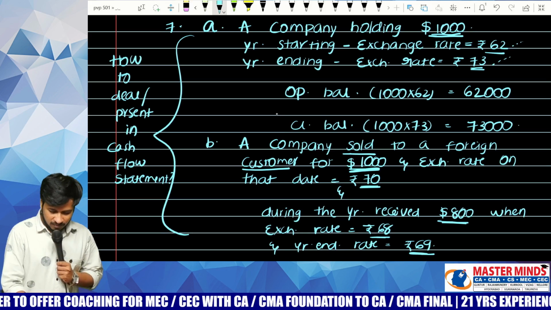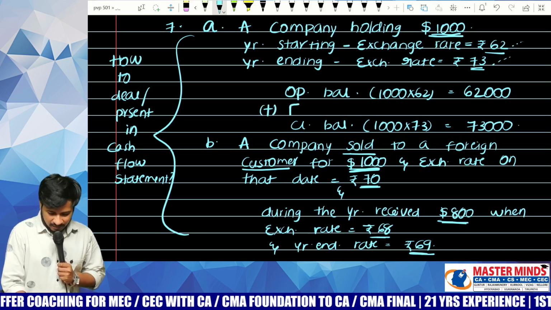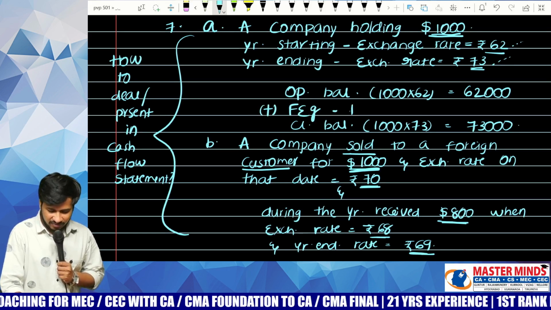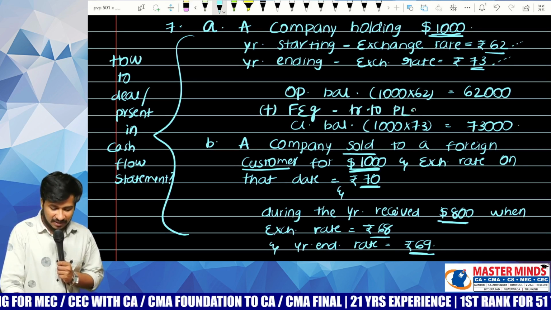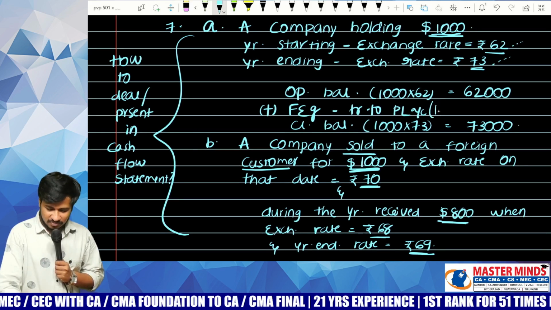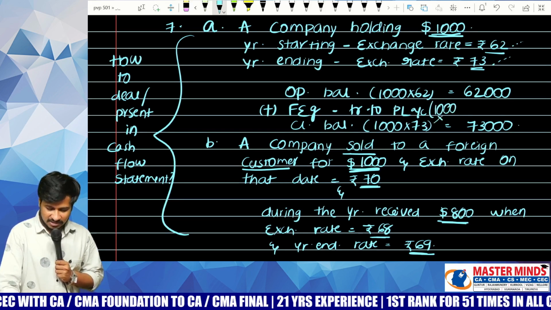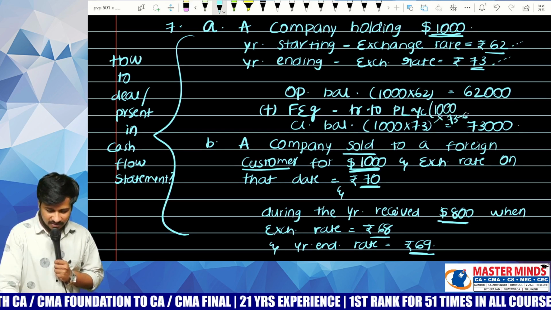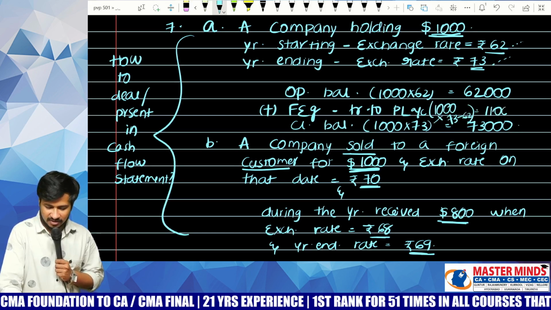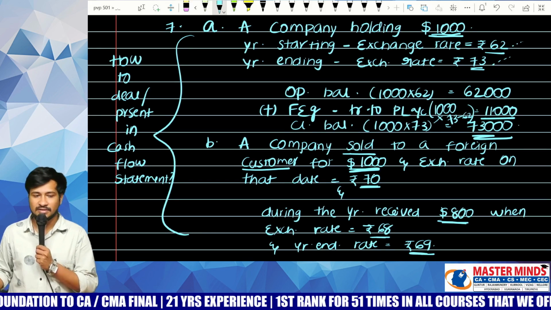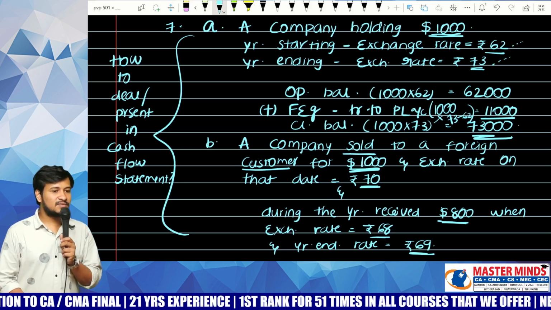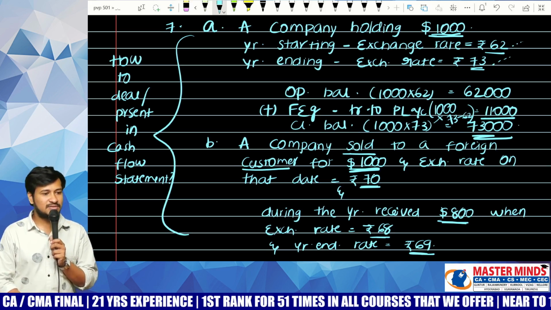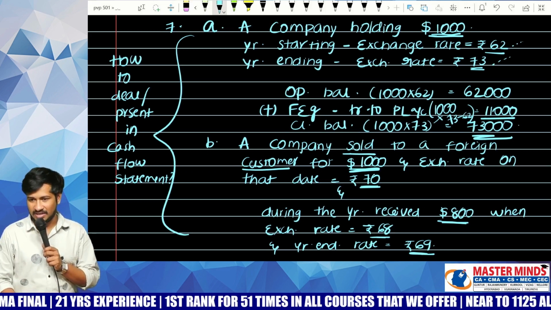Understood? So add foreign exchange gain hyphen. This will be transferred to P&L account, which comes to 1000 multiplied by 73 minus 62, which is 11,000. Understood? That's it. In cash flow statement, you're going to present the same in this way. Clear?